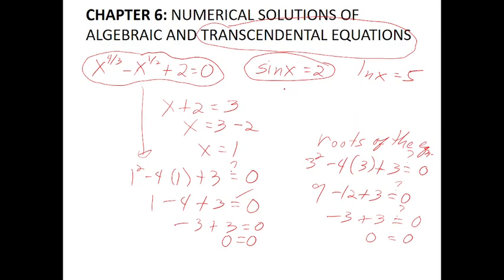A combination of a trigonometric function and an exponential function is also a transcendental equation, or a combination of an algebraic and a transcendental equation is still considered a transcendental equation. So algebraic plus transcendental is considered transcendental in general.